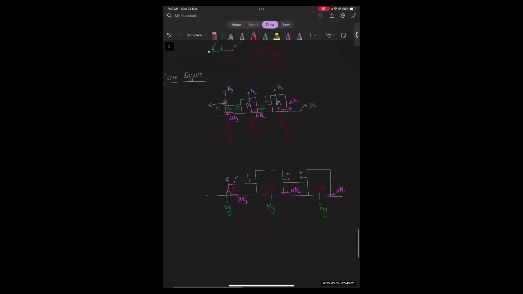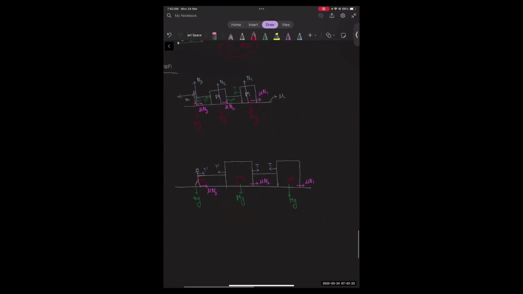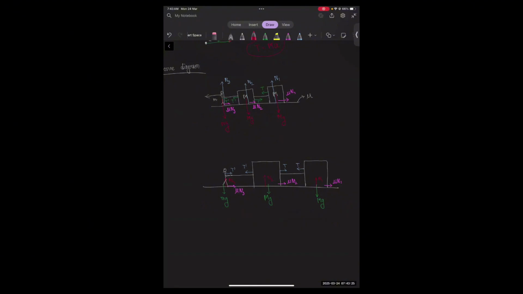Usually there is another thing called equation of constraint. I wouldn't go into much detail with this because for simpler problems, equation of constraint is not something you should be very bothered about because usually it's very easy to find. Basically, constraint means a condition. In this case, the question is supposed to have another condition that the ropes are inextensible.